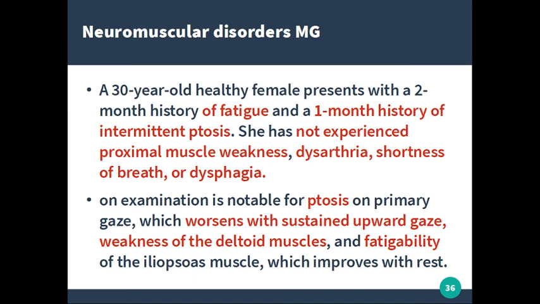So there is a chronic presentation of fatigue, and there is a 1-month history of intermittent ptosis. The ptosis is not always present, however, it is intermittent. She has not experienced any proximal muscle weakness, dysarthria, shortness of breath, or dysphagia.